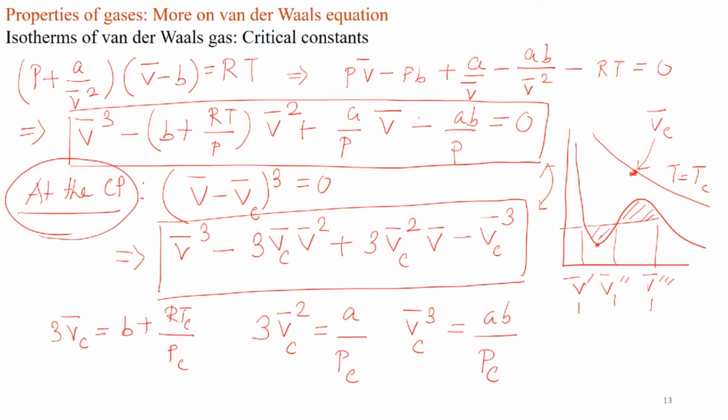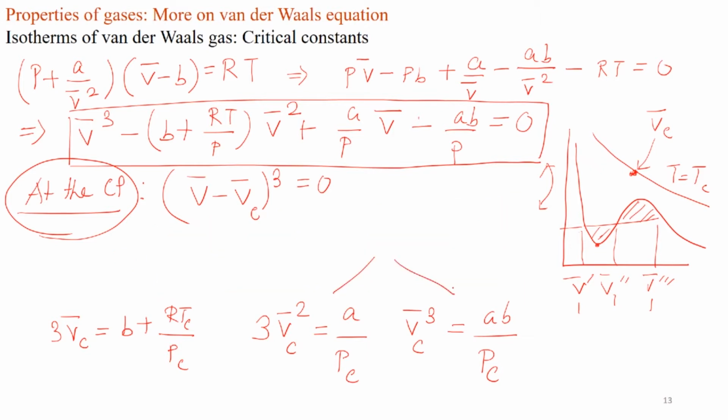So we can now figure out very easily what are the values of a, b and R from these equations. For example, if you take these two equations and divide the second equation by the first equation, you will get an equation in terms of Vc, and then the value of Vc will be given by just Vc equal to 3b.